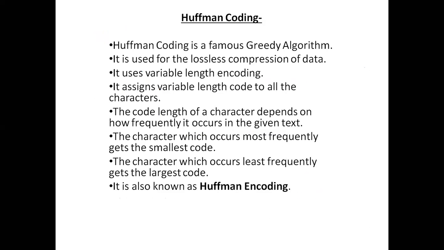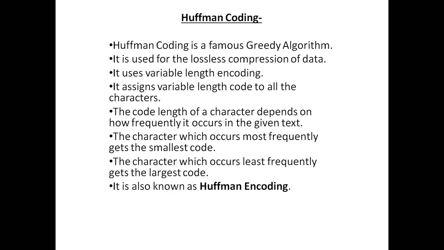So first of all, what is Huffman coding? Huffman coding is a process in which we are trying to compress our data. Earlier we used fixed length, in which suppose for one alphabet we take 8 bits. So for 8 alphabets we will require 64 bits. So that will consume the memory.